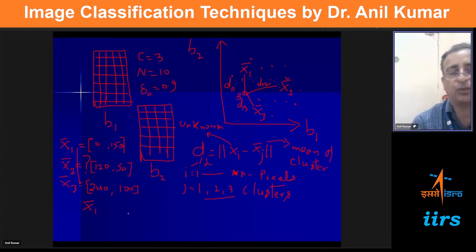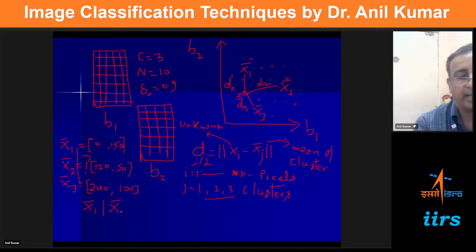Now you know the original pixels which got the cluster label 2. Using these pixels, find out the second mean value x bar 2, and in the same way x bar 3. The previous assumed value should be thrown away because it was only assumed; now it is refined.